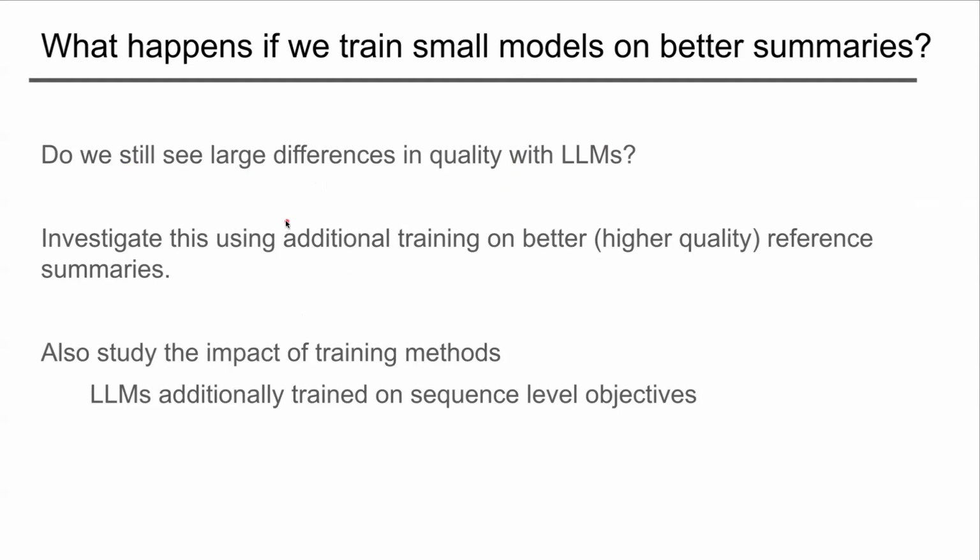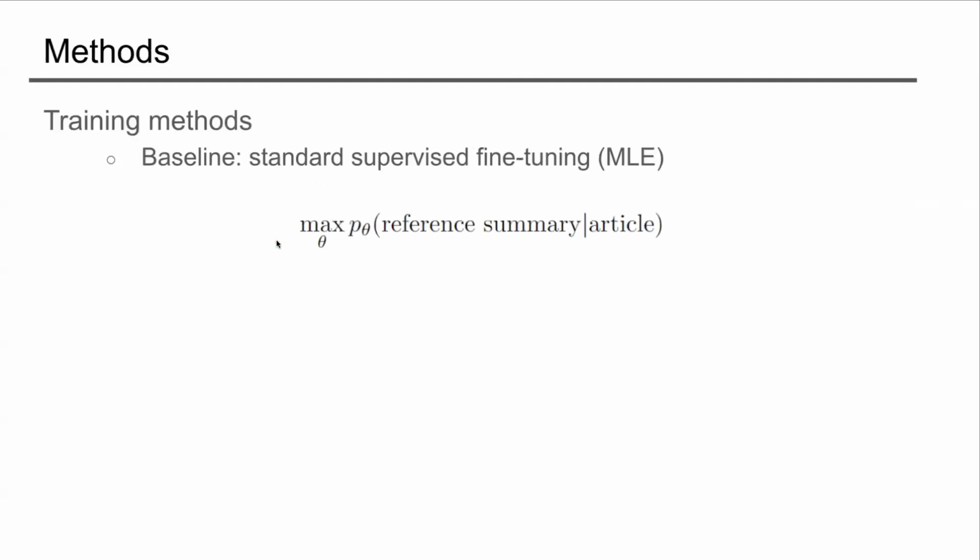So the main question is, what happens if we use better summaries and better training objectives? Again, as background, the baseline training method is referred to as maximum likelihood estimation, where you basically train the model to maximize the probability of the reference summary given the article.